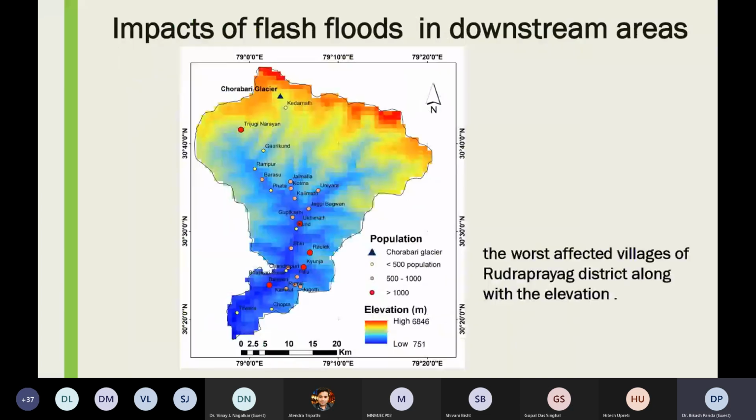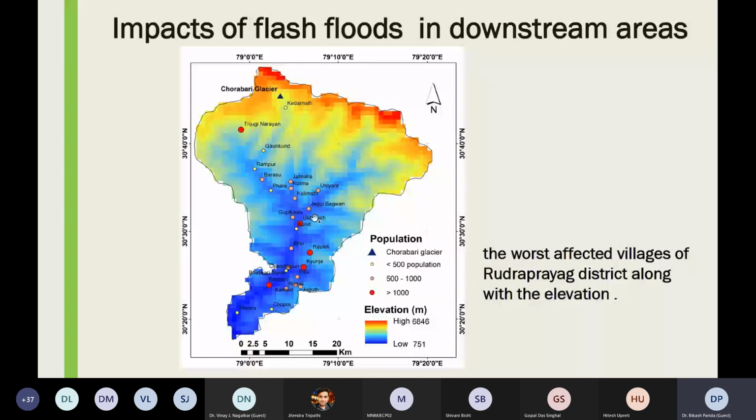And the impacts of the flash flood, if you see over the downstream areas, mostly the downstream areas of the districts: Kedarnath is on highly elevated areas, over the northern part of the district. And then the downstream areas are mostly flat, at lower elevations, so the water can easily go to the downstream areas and cause massive flooding situations and different damages.